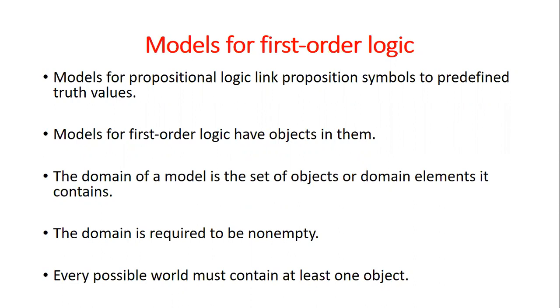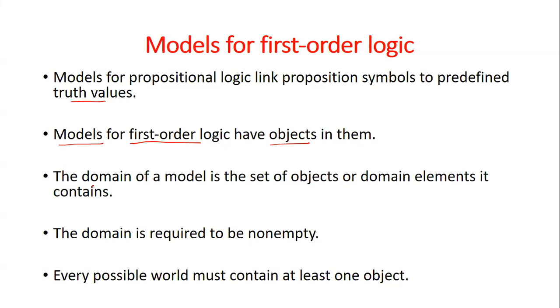So in case of propositional logic, the models are nothing but propositions with predefined truth values. They are the models in propositional logic, right? But when we consider first order logic, the models also include objects. They are not just propositions, but they also include objects.